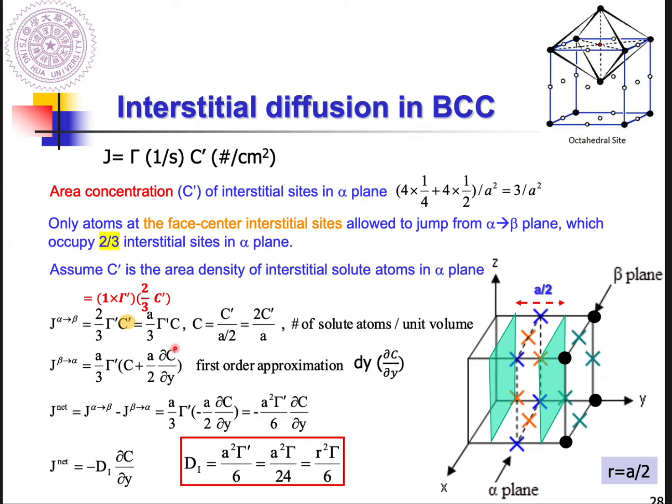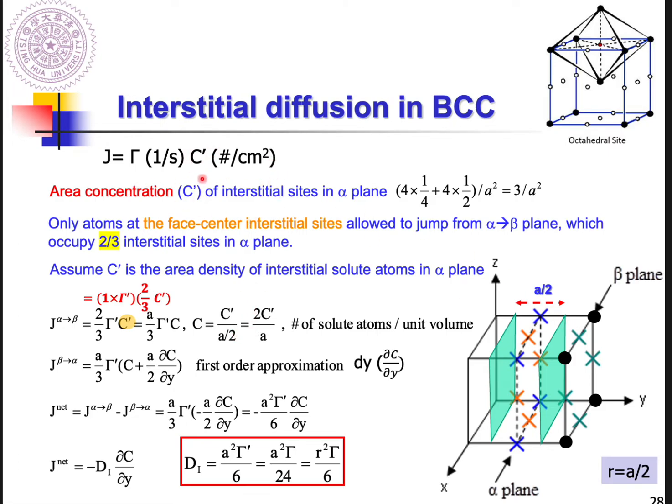And next step, we are going to formulate the J from beta to alpha, right? So how to get the flux from beta to alpha? The first thing that probably comes to mind is to do the same steps as we mentioned.